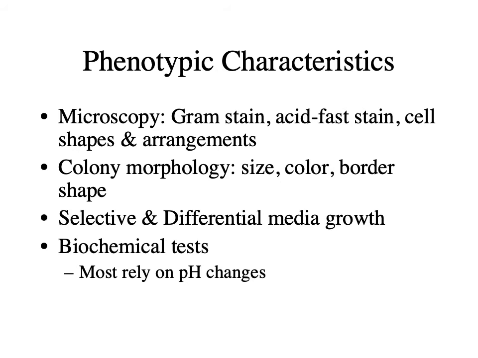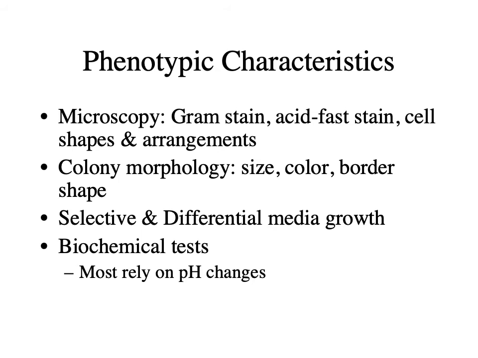So remember, phenotype is how things look. How do they physically look? What are their characteristics when you look at them, when you stain them, when you do something with them? For the phenotypic characteristics you can use for identification of bacteria, you can use microscopy. You can do a Gram stain, an acid-fast stain, a capsule stain.